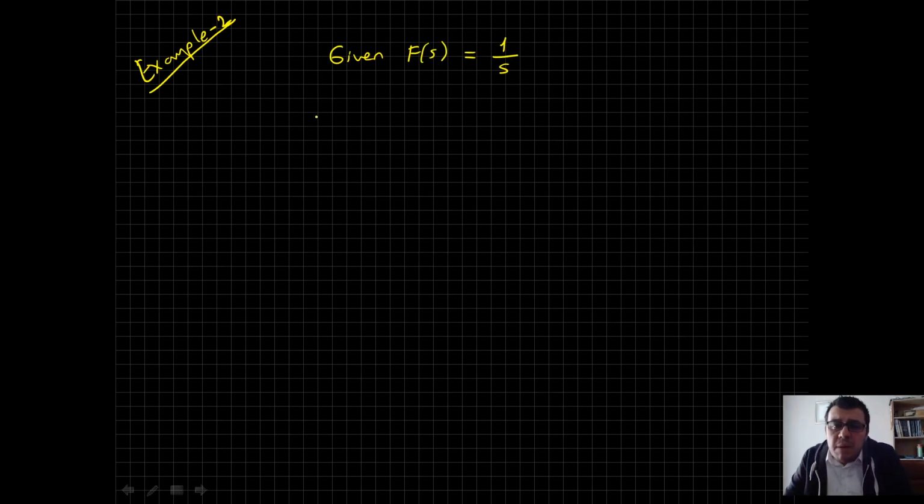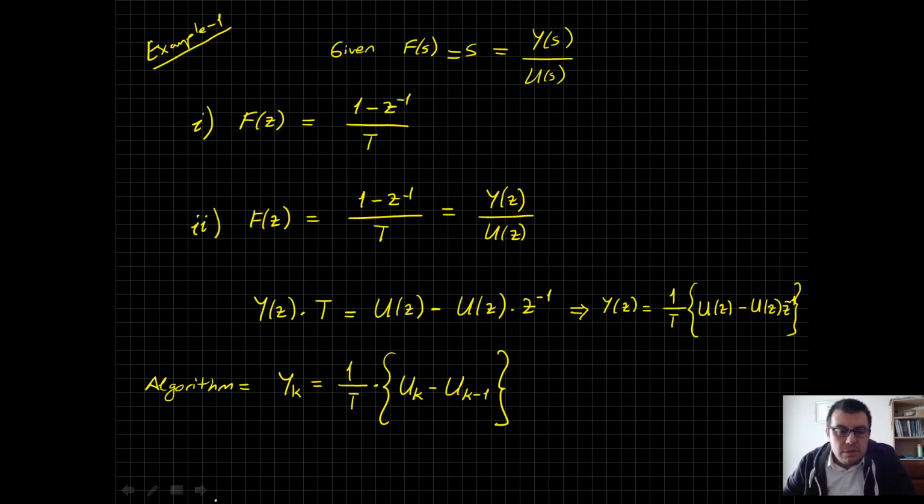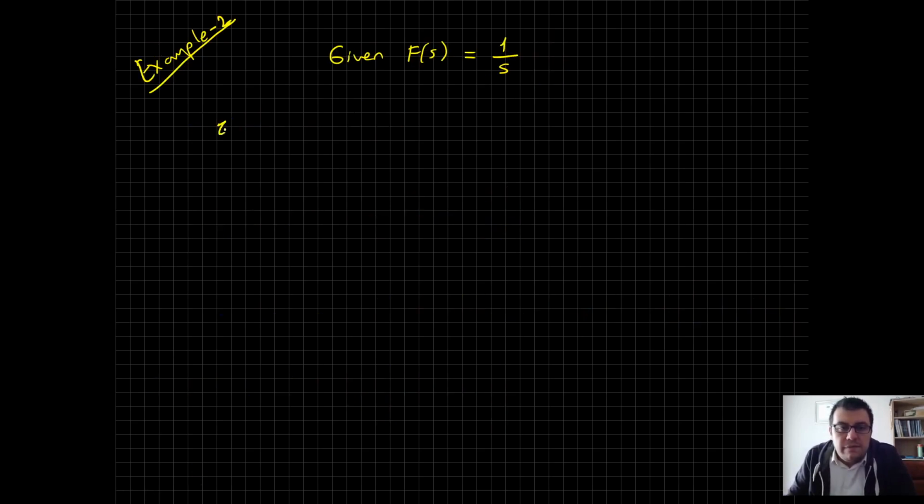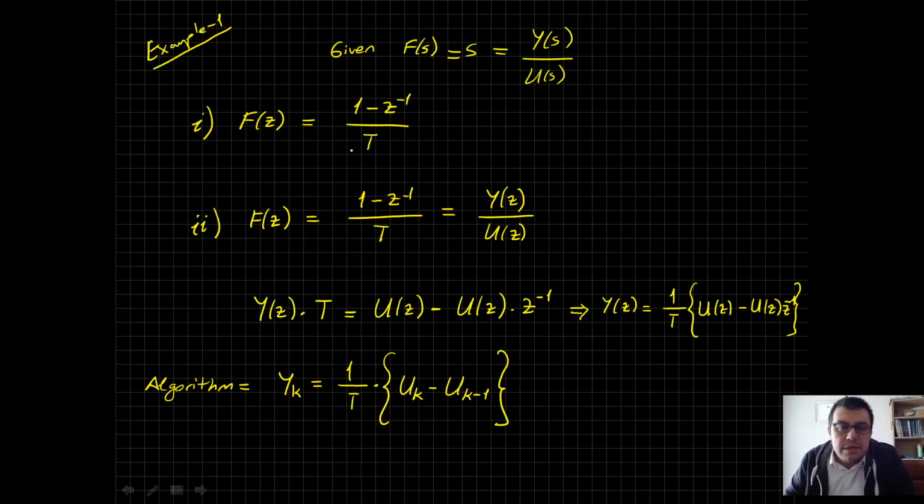Given f of s, the continuous time function, as 1 over s, right? This is what we have in integration. And remember, this s was being replaced by the z transform equivalent. So we should write here the first step is discretization with proper z transform.